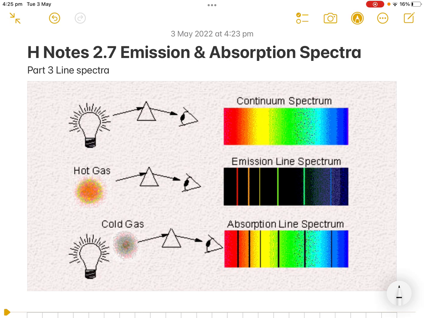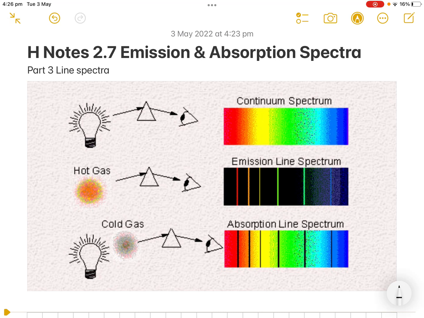If we then, in the middle row, take a gas and we heat that gas, the heat energy that we give to the gas causes electron promotion to an excited state. The electrons, when they get into the excited state, are unstable, so they fall back down between two specific energy levels and therefore give off a photon with a specific energy, i.e. a specific wavelength and specific frequency, therefore specific colour.